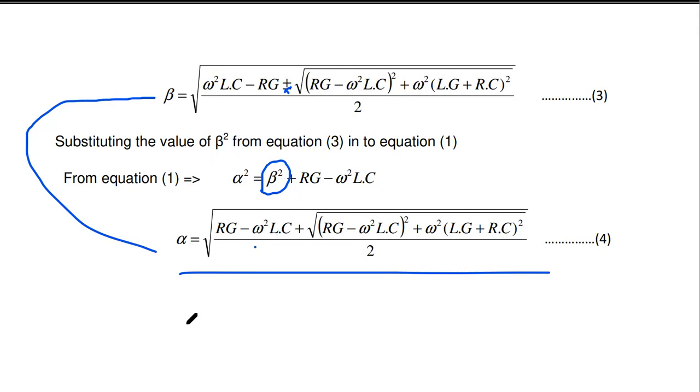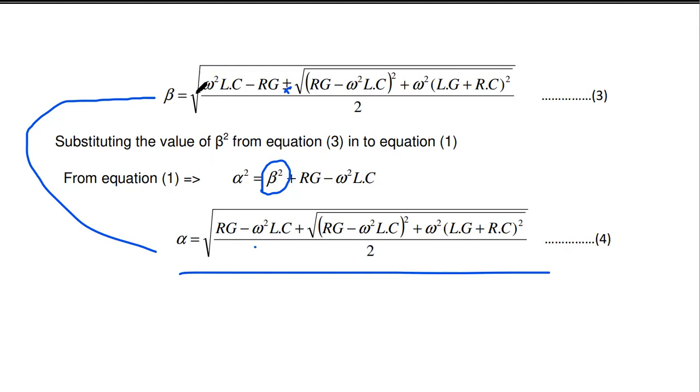Okay, so if a 10 kilohertz signal is traveling, the attenuation constant is different. If a 1 megahertz signal is traveling via the transmission line, the attenuation constant is different. So depending upon the value of frequency, alpha and beta will vary. So this is the relation between alpha and beta.